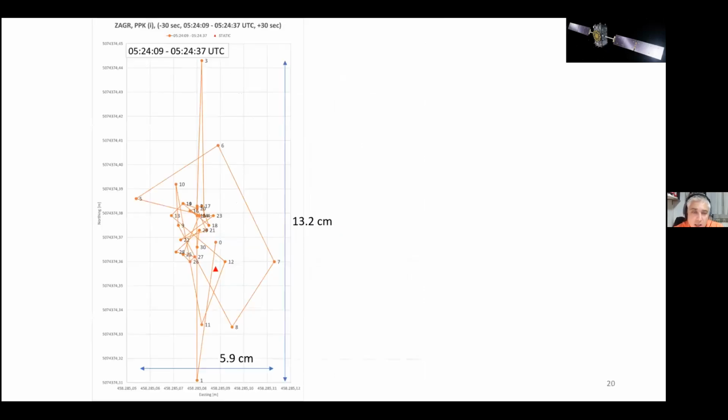And if we consider only those positions affected by the earthquake, we can see that they are in the range of 13 centimeters in the direction north-south and almost 6 centimeters in direction east-west.